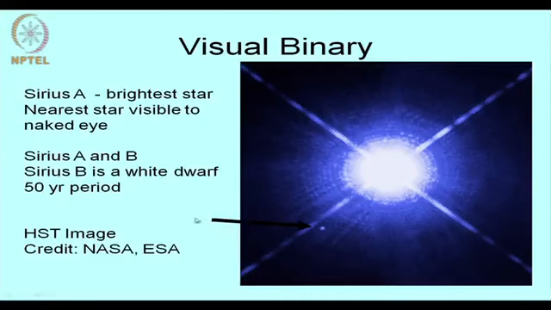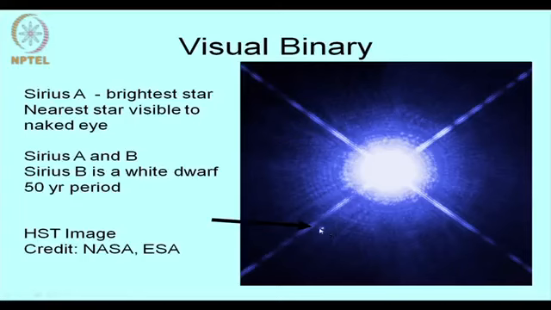What is interesting from our point of view is that there is another star which you would not notice if you were to look at Sirius A, and this star is called Sirius B, and Sirius B is a white dwarf. It is a very small star, and the arrow here shows you the location of the white dwarf.